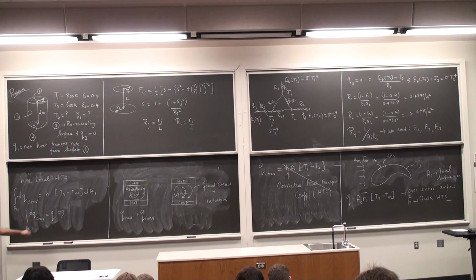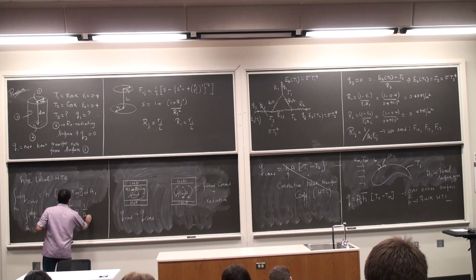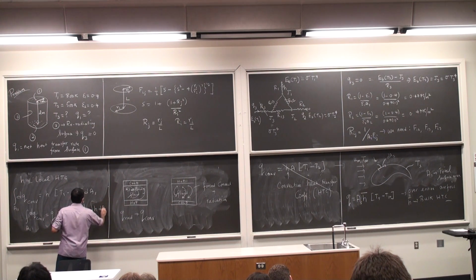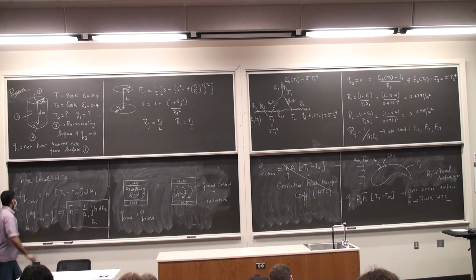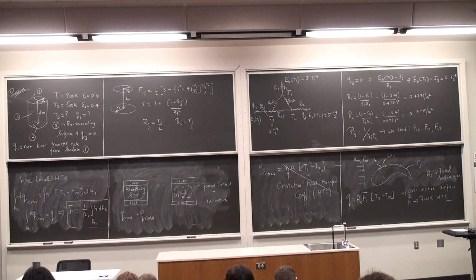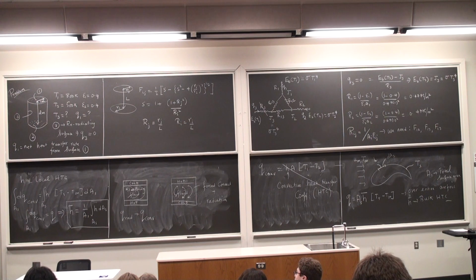So this tells me that h bar is 1 by As times the integral of h dAs. This is just by taking this expression, integrating it over the area, and equating it to the expression there. So this is the relationship between the bulk and the local. Thank you very much.